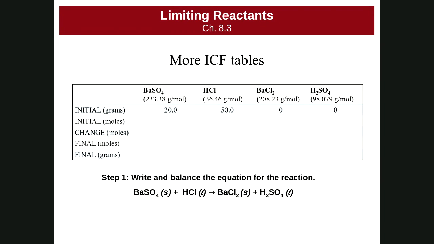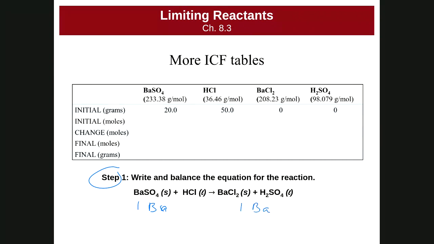So our first step, step 1, is to balance the equation. So barium sulfate reacts with hydrochloric acid to make barium chloride and sulfuric acid. So we have 1 barium on the left and 1 barium on the right.